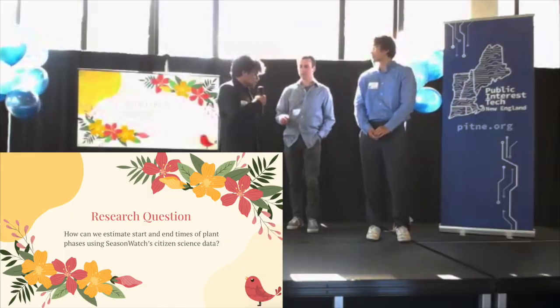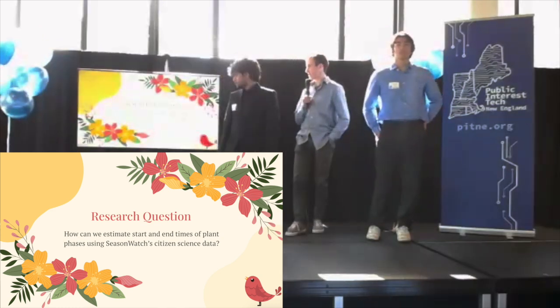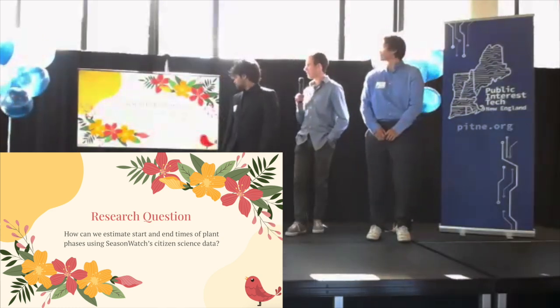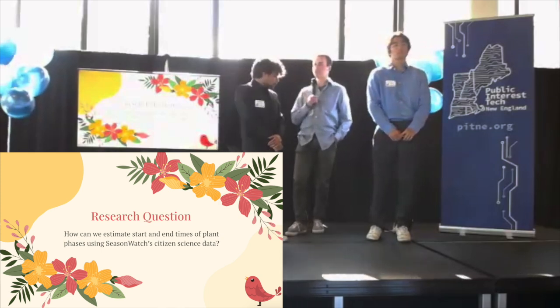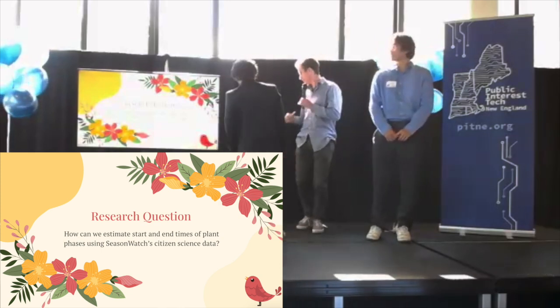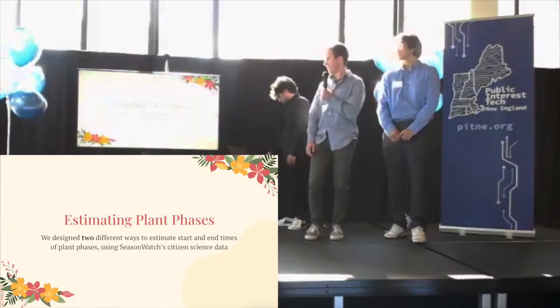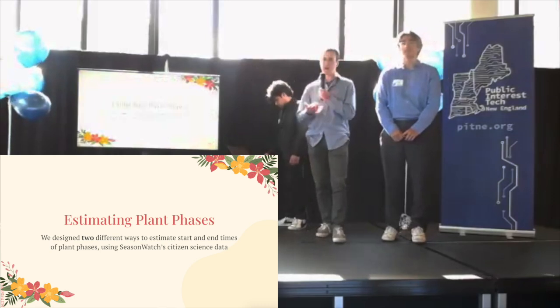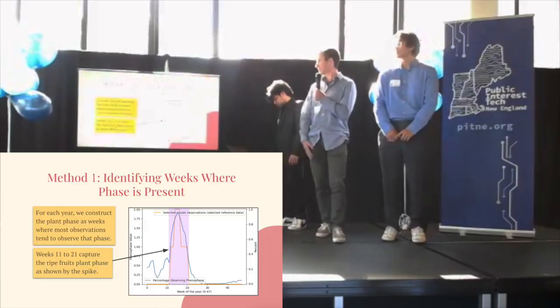Moving on to our main research question: how can we estimate the start and end times of these plant phases using SeasonWatch's citizen science data? Now moving on to our results. We managed to estimate these plant phases in two different ways.